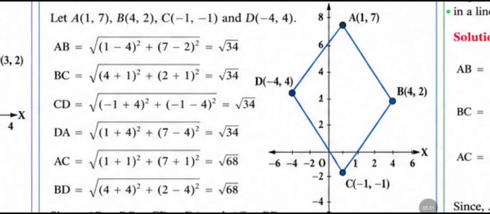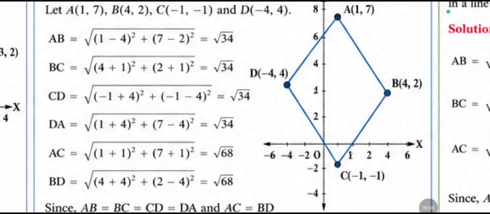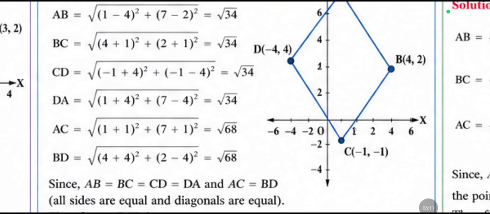The distance BC equals root of (4 plus 1) whole square plus (2 plus 1) whole square, equals root 34. The distance CD equals root of (minus 1 plus 4) whole square plus (minus 1 minus 4) whole square, equals root 34. And lastly, the distance DA is also root 34.